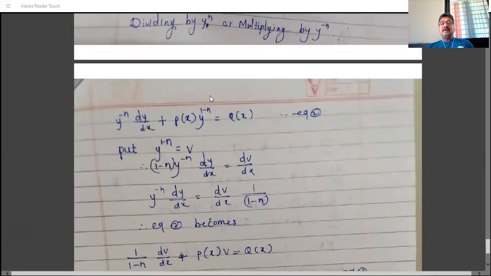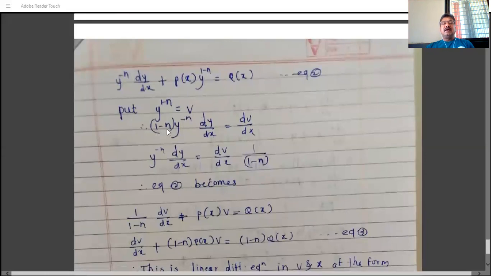Then substitute y raised to 1 minus n as v. Then differentiate both sides with respect to x. The derivative of y raised to 1 minus n is 1 minus n, y raised to 1 minus n minus 1, that is minus n. Like the derivative of x raised to n is n x raised to n minus 1.